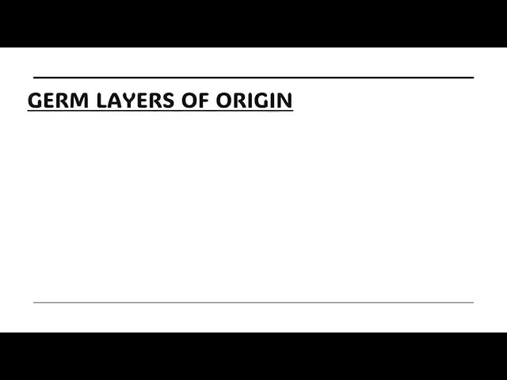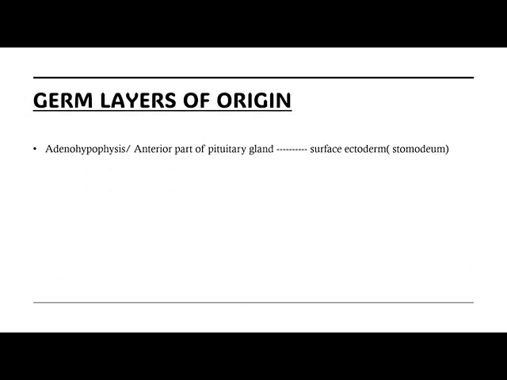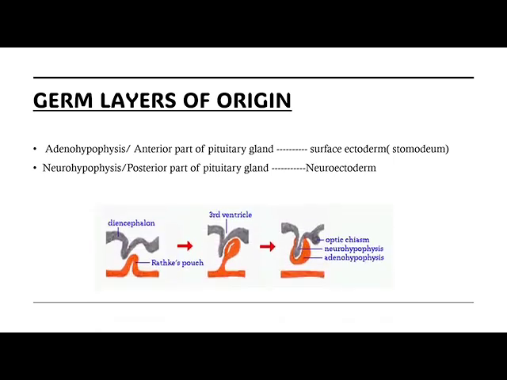We can see the anterior part of the pituitary gland, that is adenohypophysis, has been derived from the surface ectoderm, that is stomodium. And next we can see neurohypophysis, that is the posterior part of the pituitary gland, that has been derived from the neuroectoderm. We can appreciate these things from the figure here.